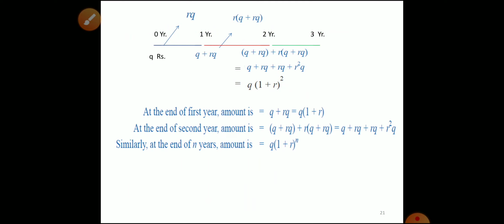In this diagram, the RQ at the top left represents the interest, and at the bottom is the total amount collected. At the end of the first year, amount Q becomes Q + RQ. At the end of the second year, the amount is equal to Q + RQ, that is the principal amount, plus interest on that, that is R times (Q + RQ). So subsequently we get this expression. Similarly, at the end of n years, the amount becomes Q(1 + R)^n.